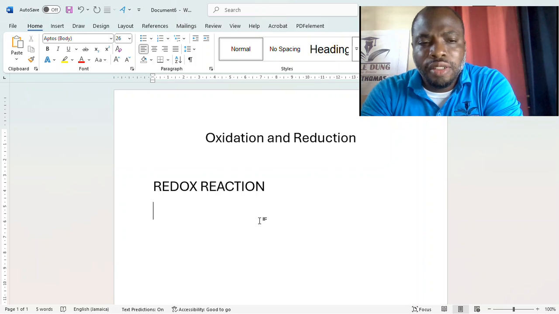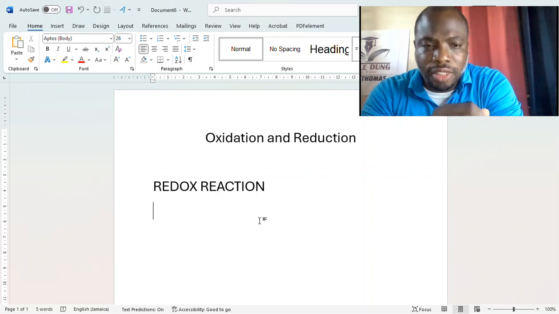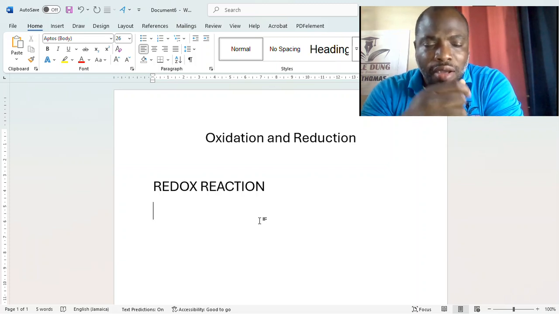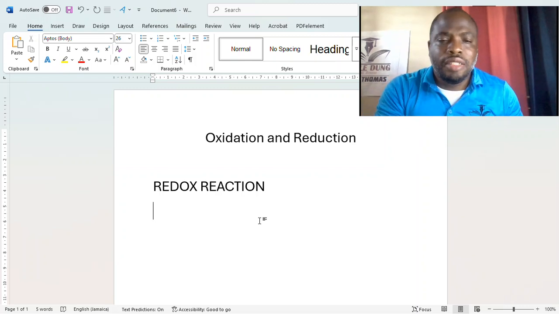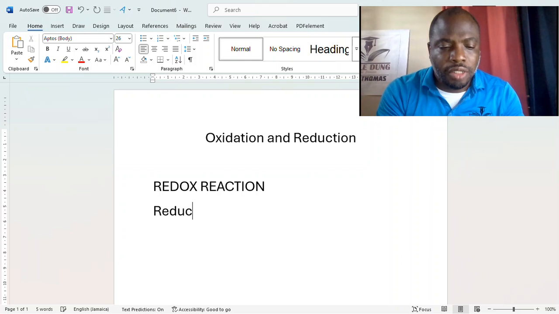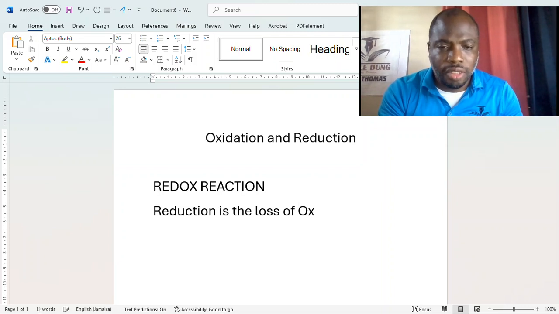Now, one of the things scientists used to do in the past is to link this sort of reaction and zero in on oxygen. So they usually speak to mainly oxygen. And this is what they say. They would say reduction is the loss of oxygen.